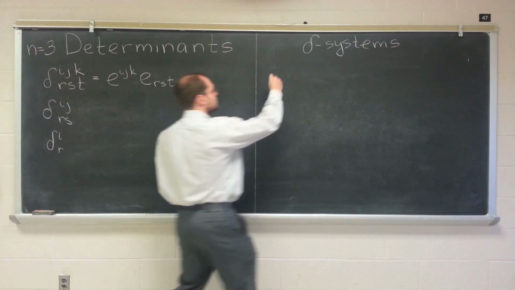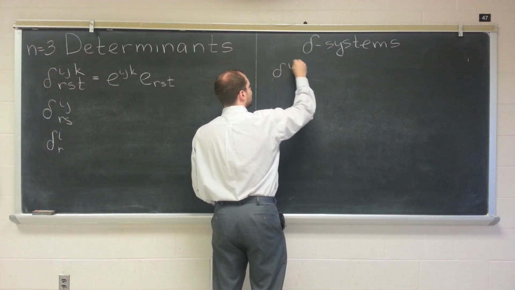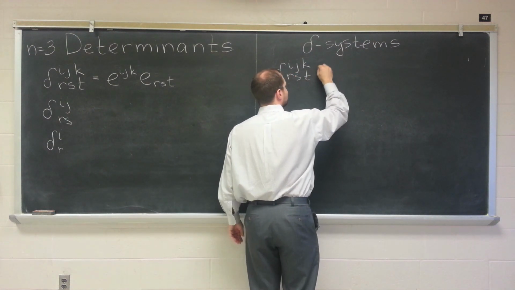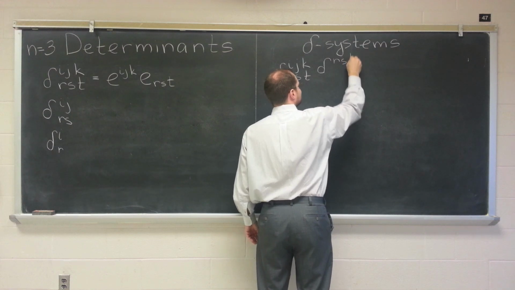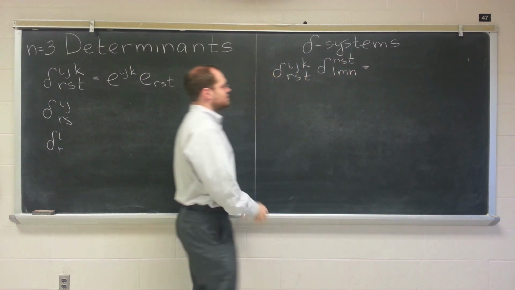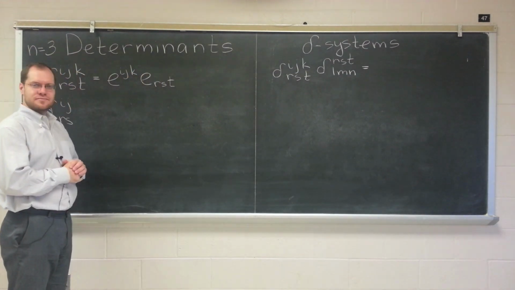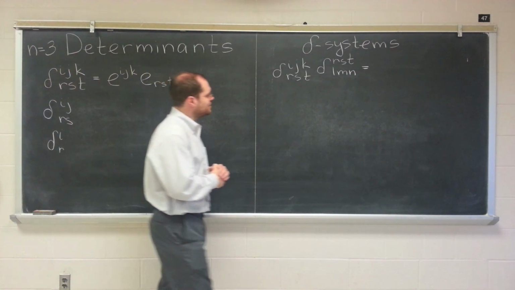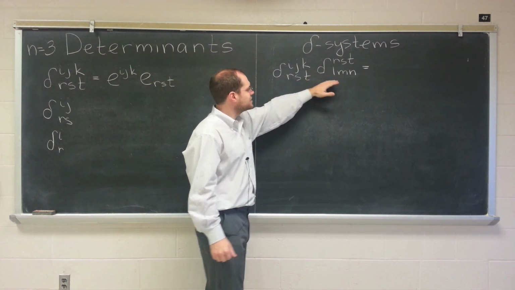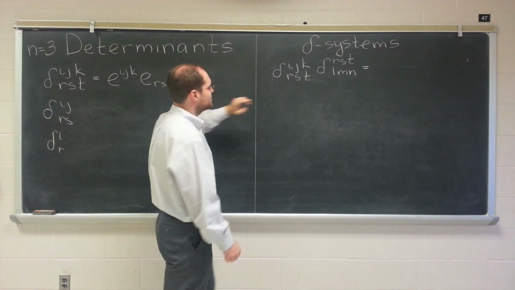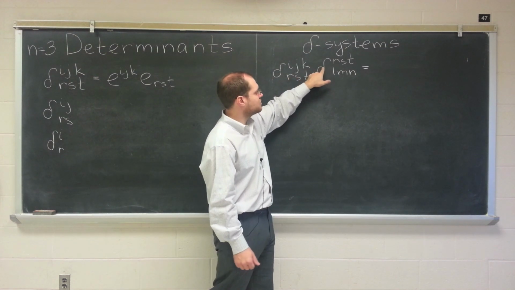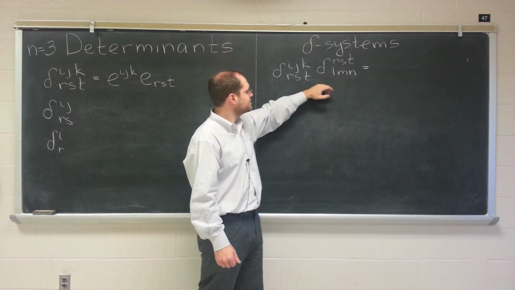And it's this. Delta IJK RST multiplied by delta RST LMN. What is the result? And it's not a very hard question. If you imagine what the delta system represent in terms of the permutation systems, you will see that there will be an ERST here matched up with an ERST from this delta system.